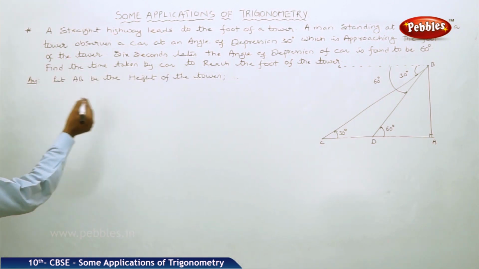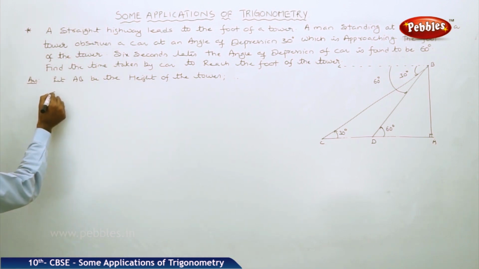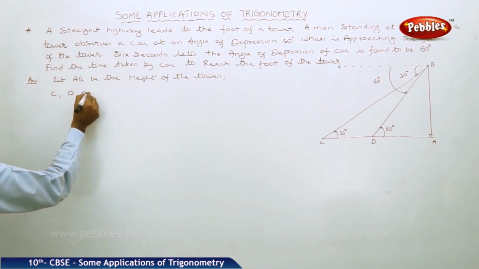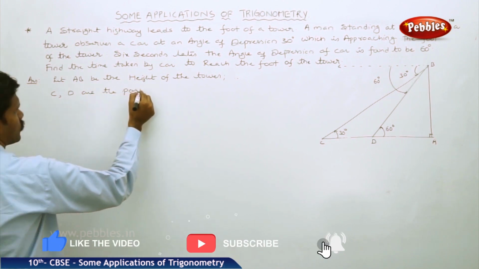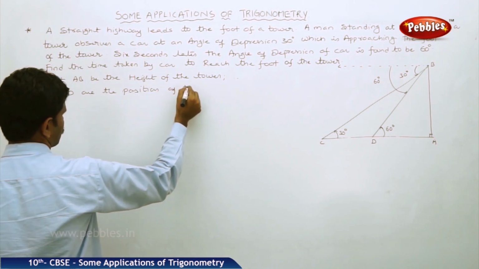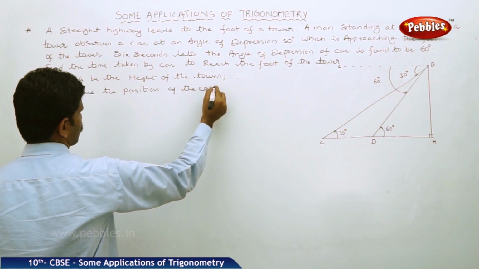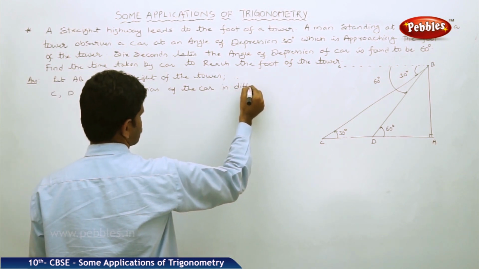Now, let AB be the height of the tower and C, D are the positions of the car at different intervals.